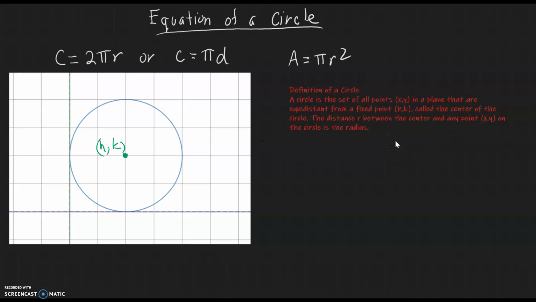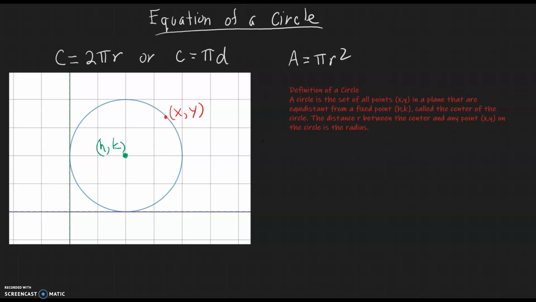So basically, I could pick any point I want on the circle, and that would have an x, y coordinate. I'm going to pick something around this area here, and I'll label that as x comma y. Now, if you recall, we can make a reference right triangle, so I'll do that.